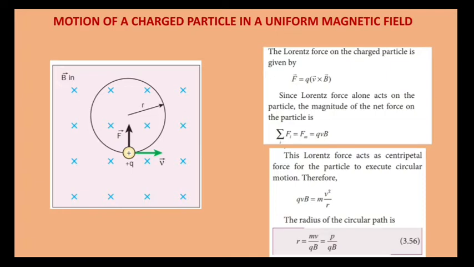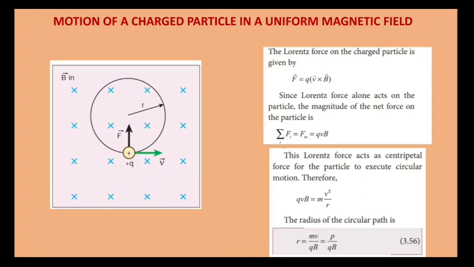Motion of a charged particle in a uniform magnetic field. Let us consider a charged particle of charge q and mass m. Then the charged particle enters into a region of uniform magnetic field, the magnetic field B vector, with velocity v. Then the charged particle's velocity is perpendicular to the magnetic field.